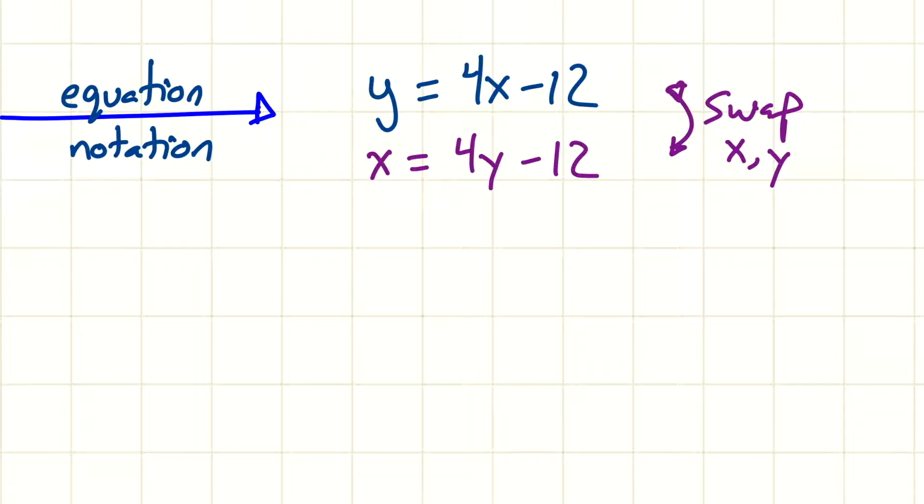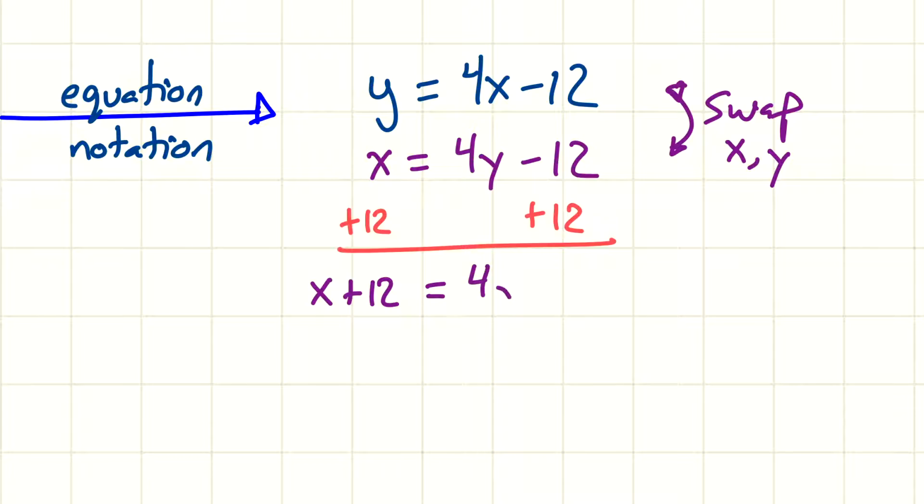All right, so what we need to do at this point is solve for y. We need to get it back so it looks like an equation equal to y. All right, so let's work through this. I'm going to start by adding 12 to both sides. And that's going to give us x plus 12 is equal to 4y.